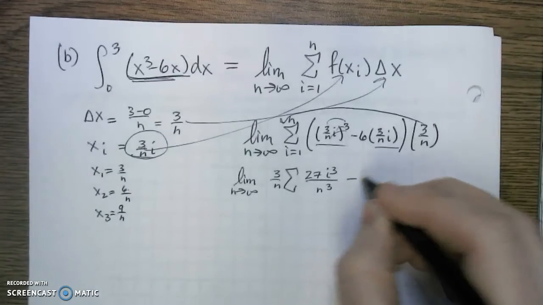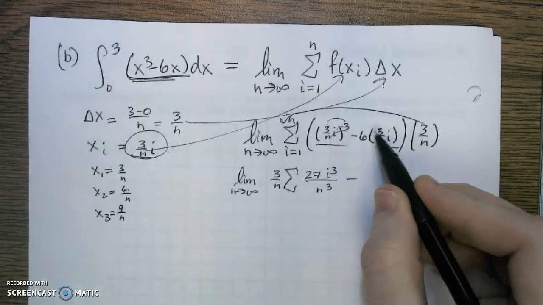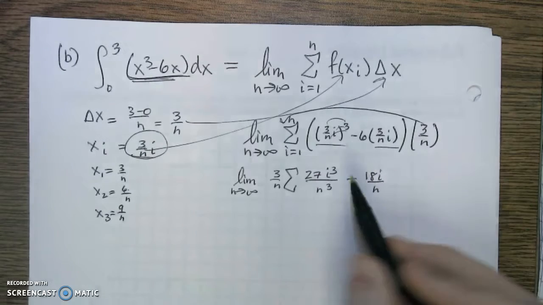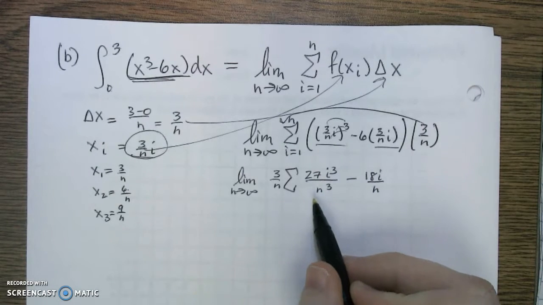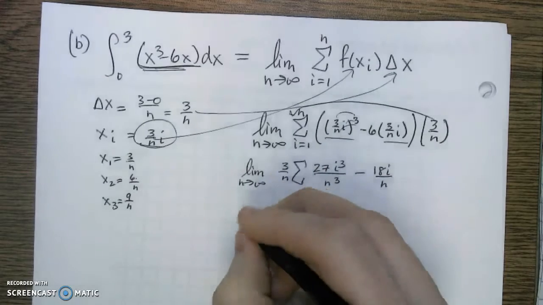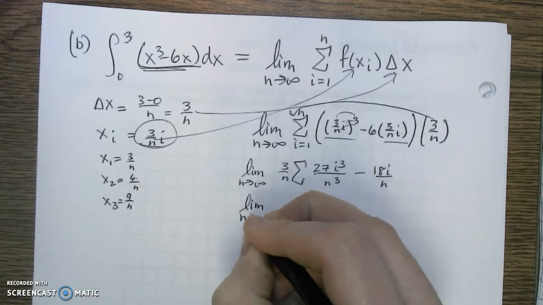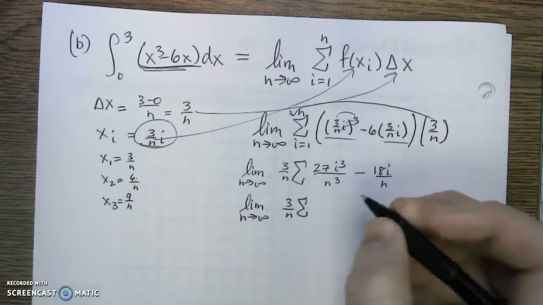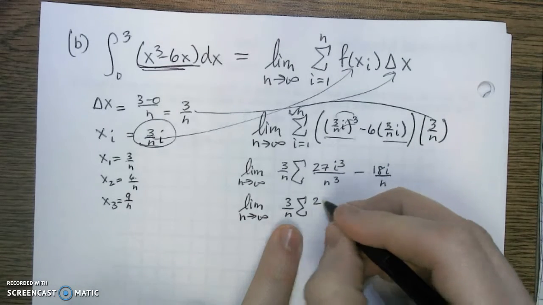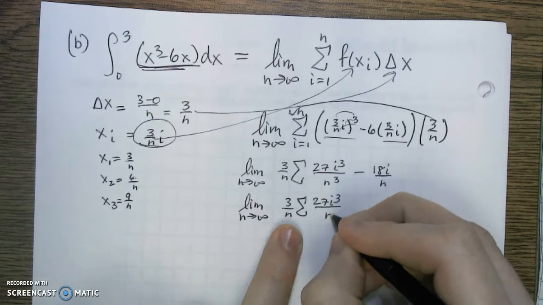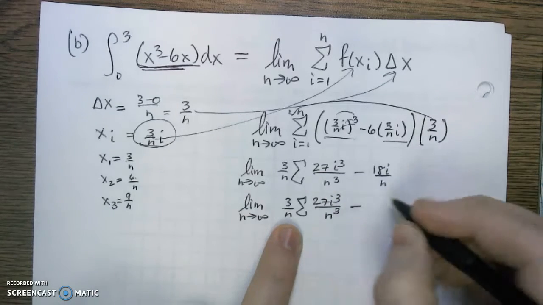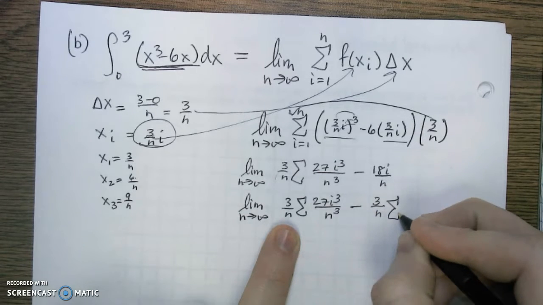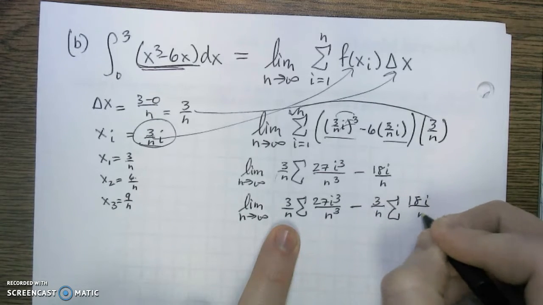And then we're going to multiply these, and we get 18i over n. And then I'm going to split the summation into two summations. So I've got 3 over n sigma 27i cubed over n cubed minus the same 3 over n sigma 18i over n.